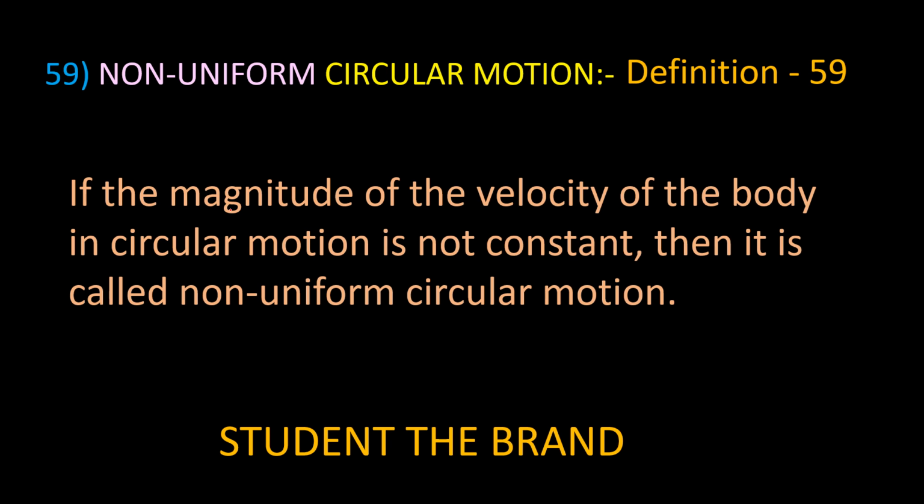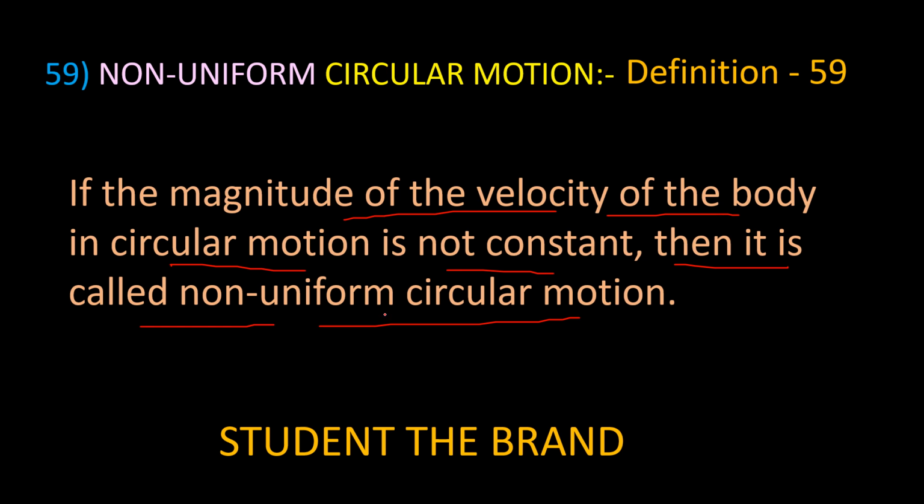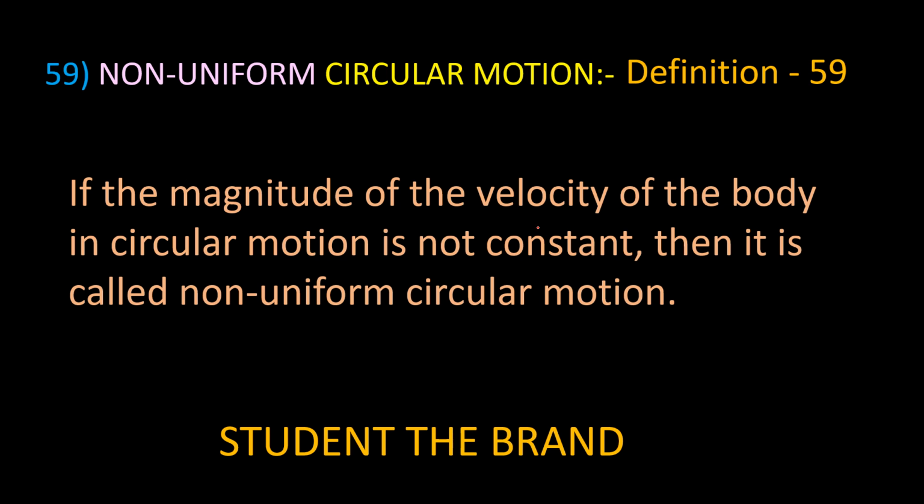Non-uniform circular motion means if the magnitude of velocity of the body in circular motion is not constant, then it is said to be non-uniform circular motion.